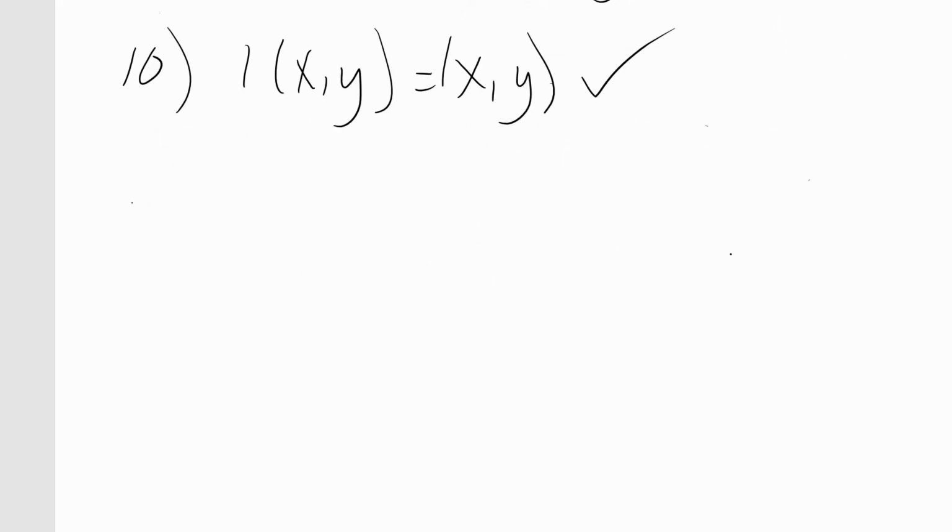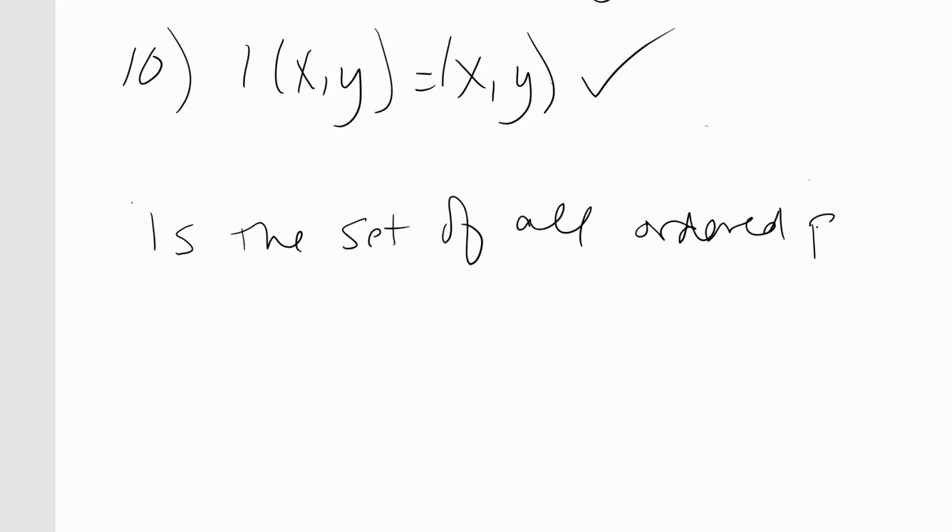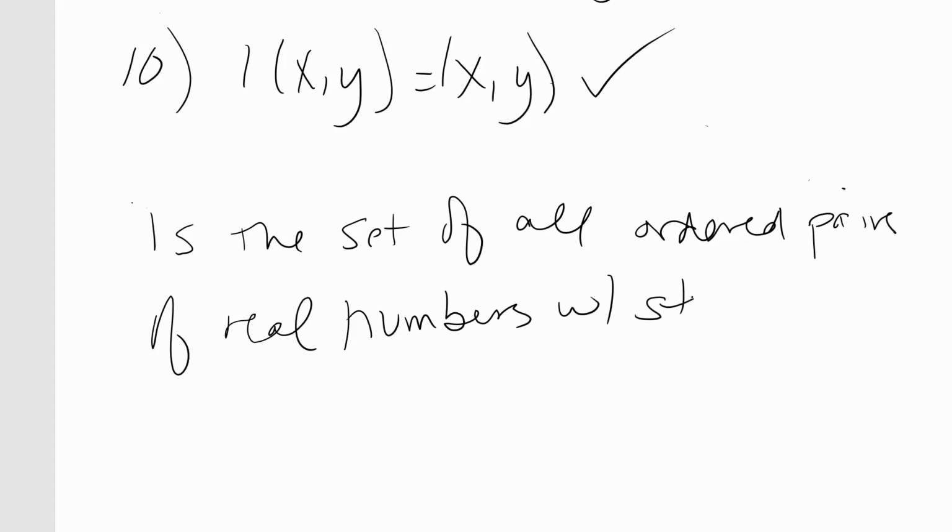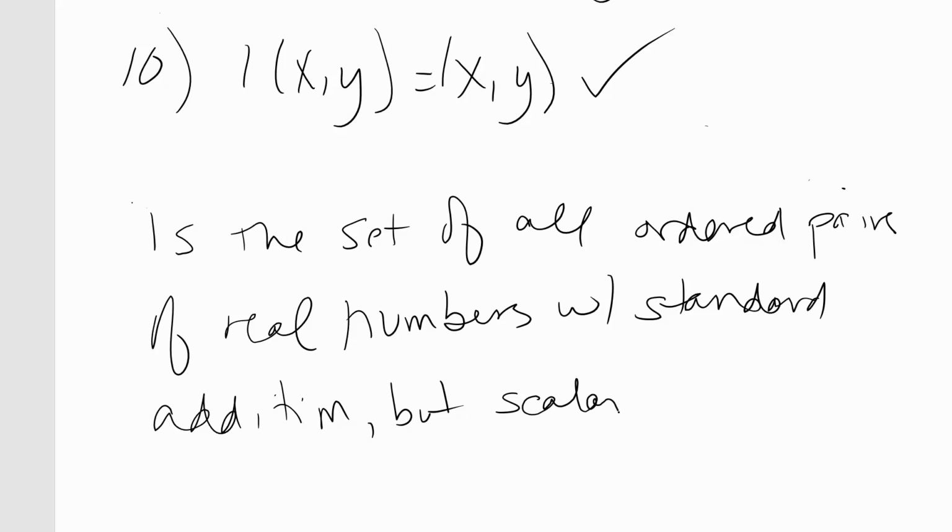All right, so let's go over another one fairly quickly, and I'm going to skip around for a minute here. It says the set of all ordered pairs of real numbers, so kind of what we were doing before, with standard addition, but I am going to define scalar multiplication.